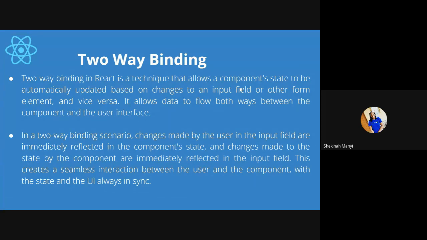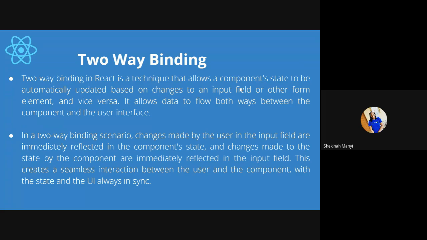For example, if a user types in the input and the message is not up to 10 characters, then the user should not be able to send a message. You can disable the button to do that. And there are many other scenarios in which you can see two-way binding.